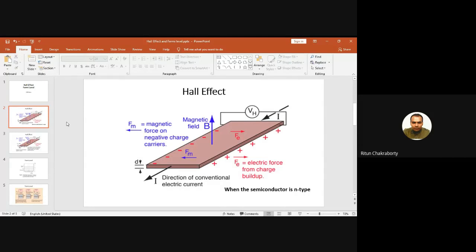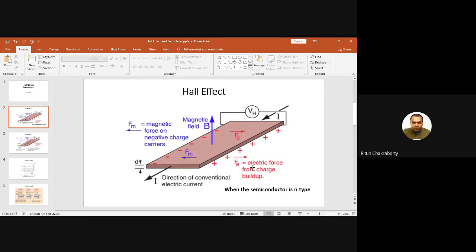Okay, so these are the two preliminary conditions. And you see one thing, the current and the magnetic field are perpendicular to each other. Okay, the current is flowing along the sample, but the magnetic field is in a direction perpendicular to the sample. Okay.